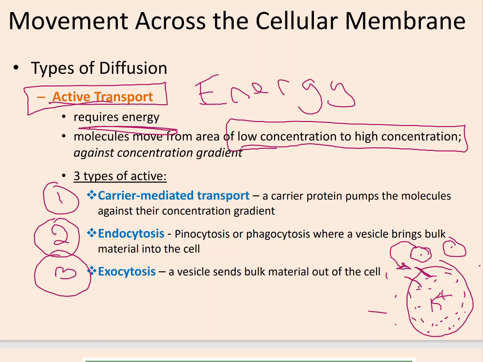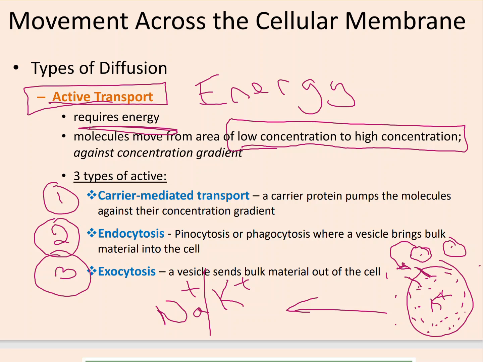A key example of this is the sodium-potassium pump. It's a key example because it's something we're going to see a lot throughout 168. It's going to be heavily involved in keeping a concentration gradient around nerve cells so that they can fire off messages.